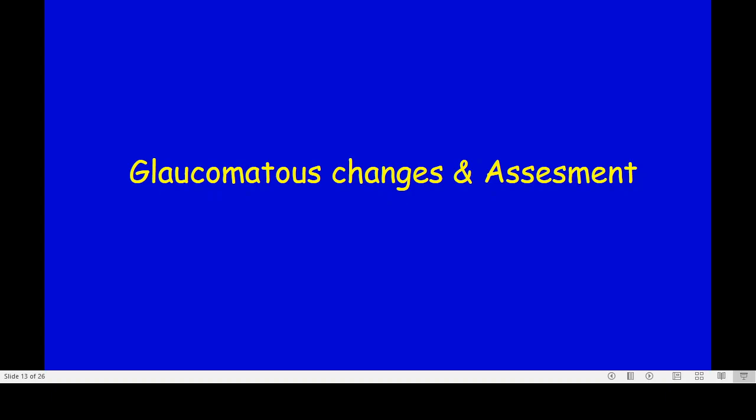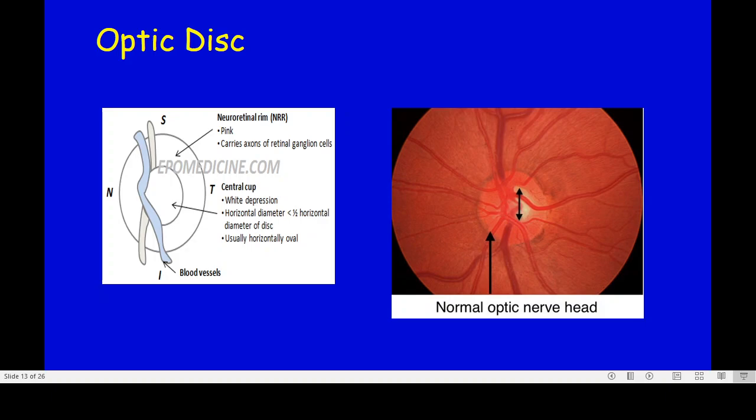Now, to diagnose a case of glaucoma, we need a thorough evaluation of the eye. So, the first thing that we do is the examination of the optic disc. Here you can see this is a normal optic disc head, and this is a representational diagram which shows a neuroretinal rim.